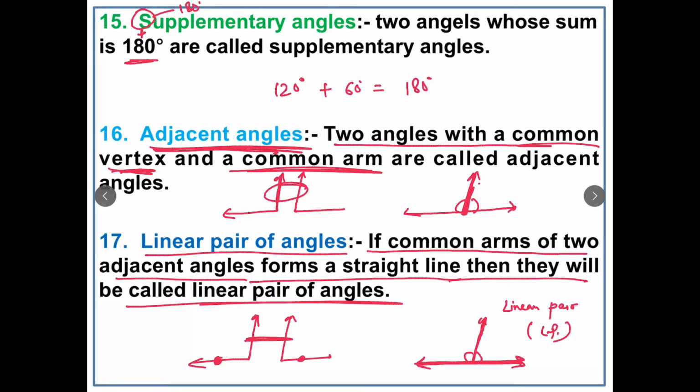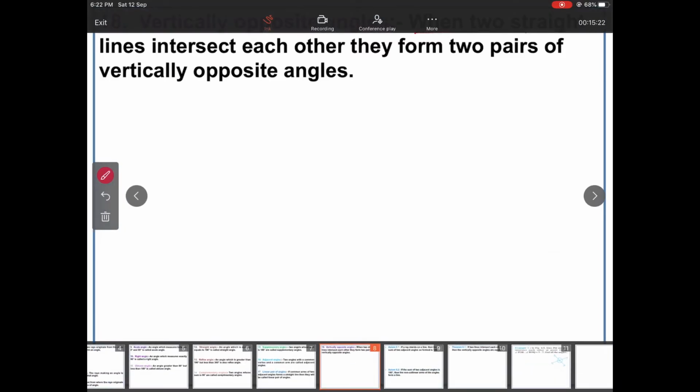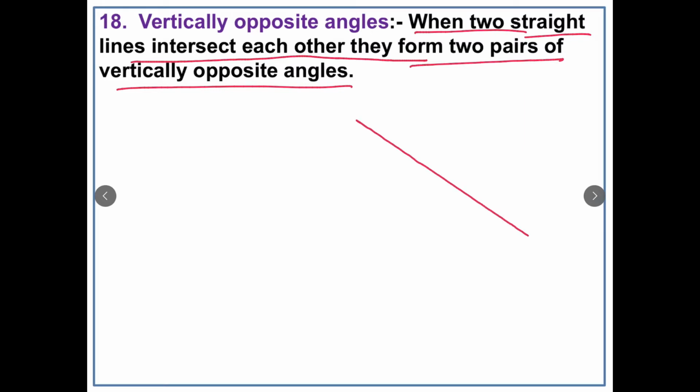Moving ahead, we have next vertically opposite angles. This is very important. It means when two straight lines intersect each other, they form two pairs of vertically opposite angles. This simply means we have two straight lines like this, intersecting each other at a point.